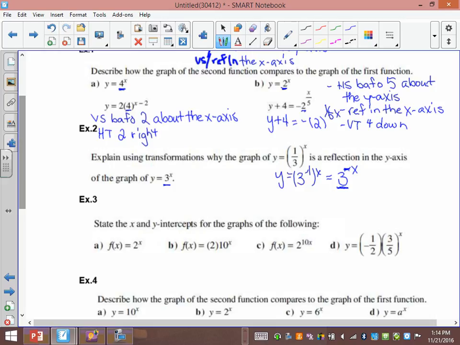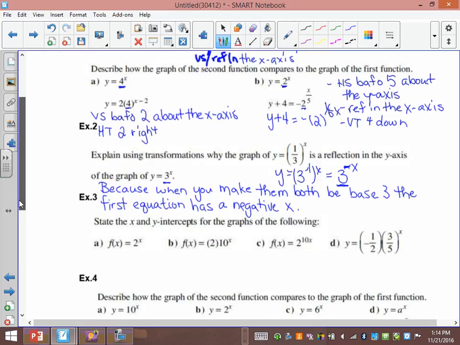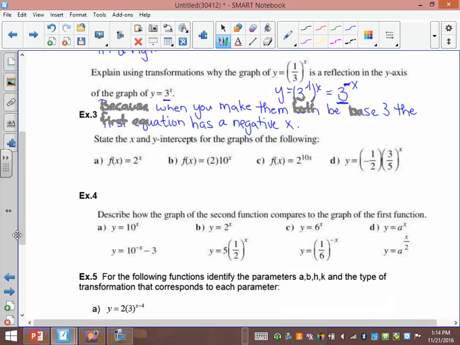It has a negative x. So let's think about it.